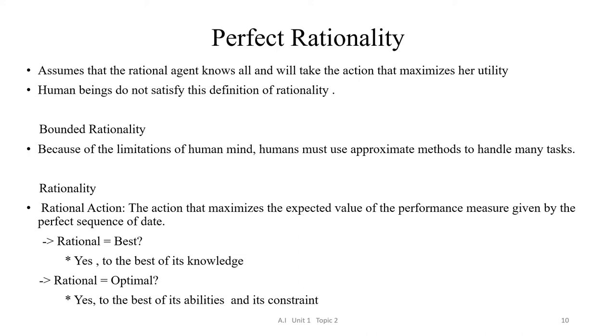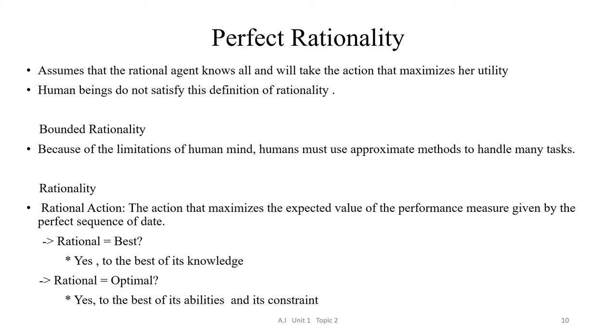Because of the limitations of the human mind, humans must use approximate methods to handle many tasks. What is rationality? Rational action maximizes the expected value of the performance measure given the percept sequence to date.